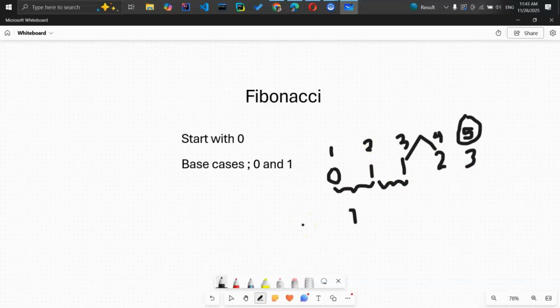If you need to find the fifth Fibonacci, you should use this and find it. The fifth Fibonacci value is 3, right? The answer should be 3, right?